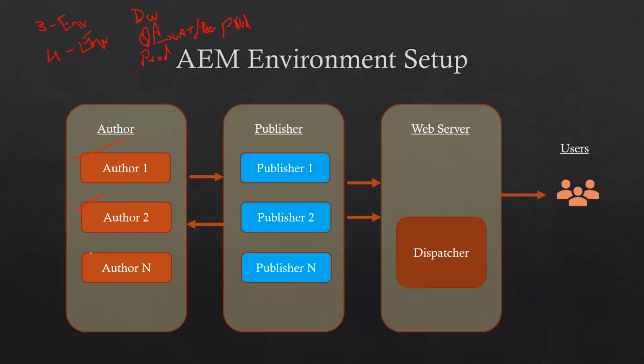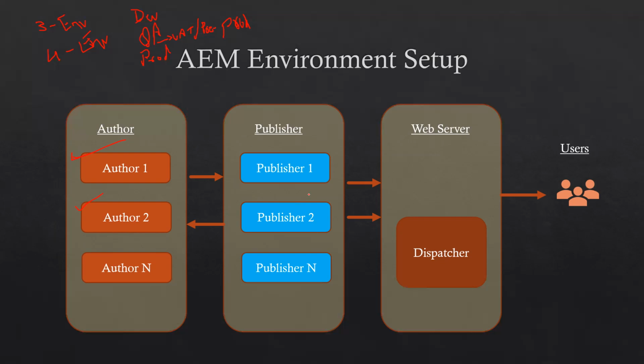That is also possible, though; whether you do it or not, according to the business need, is a separate story altogether. Now, the number of publishers can be one or more. Generally, the number of publishers is more than one because this defines the availability of your system.